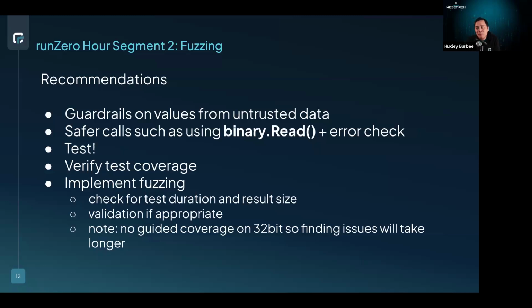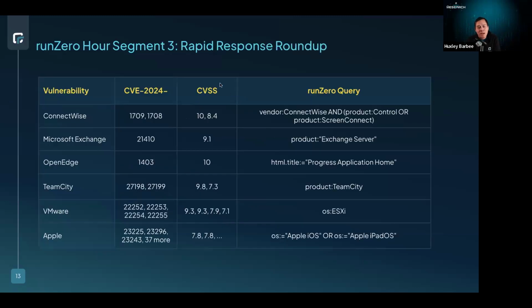All right, and we'll move on to the third segment for today, which is the rapid response roundup. These are all the vulnerabilities that we covered in the last month. For those of you who are not aware, this team that you're looking at right now is the one that researches the proxy indicators that allow you to identify devices that are potentially vulnerable to a CVE based on asset details alone.